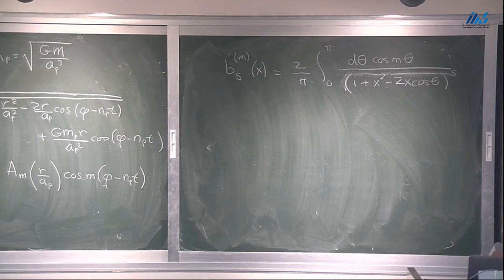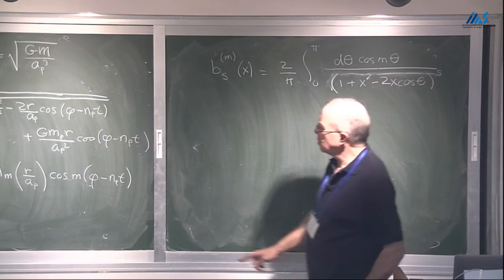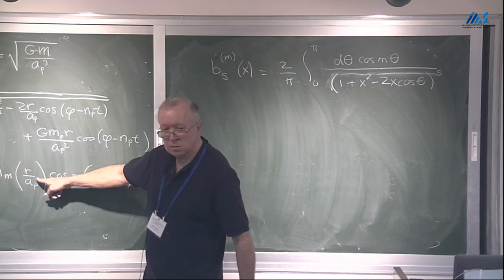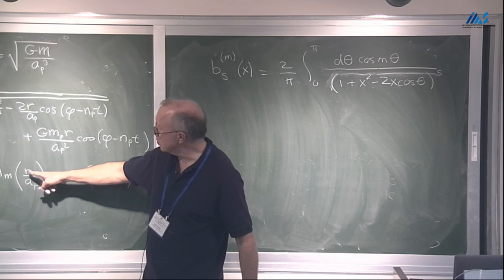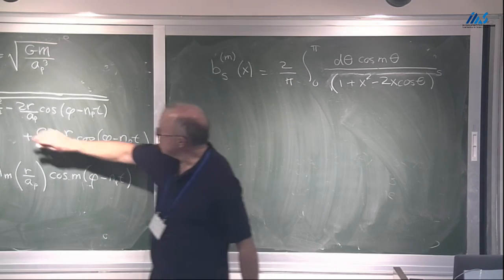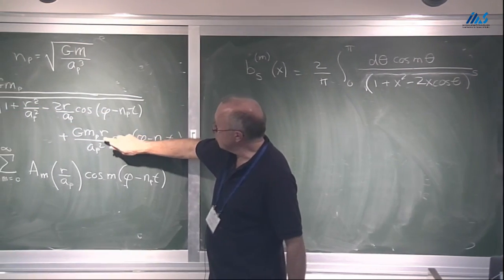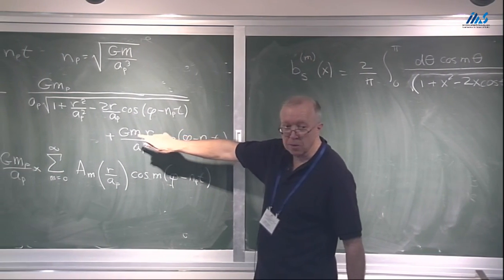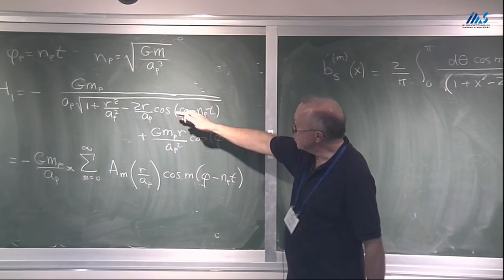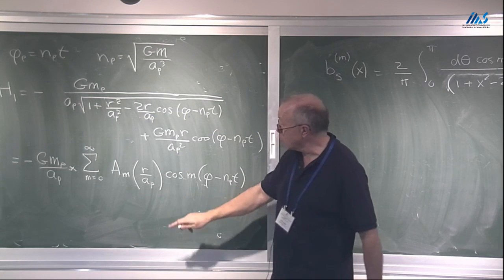Should the r over ap be raised somehow? Which one? This expansion? No, it's just a function of r over ap. Apart from the common factor of ap, the only variable that appears in here is r over ap. And this is some periodic function of phi that also depends on r over ap.